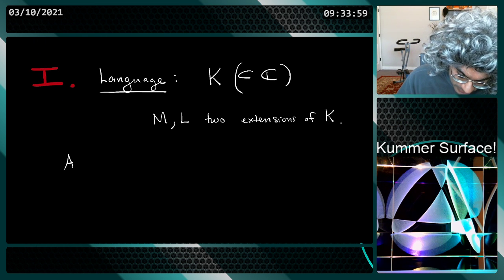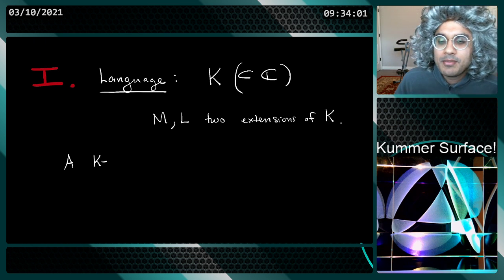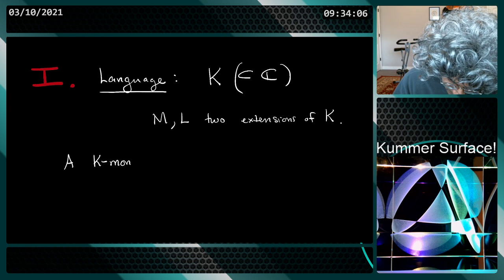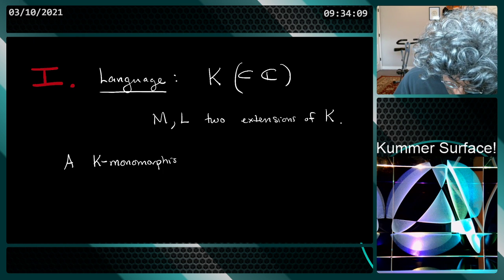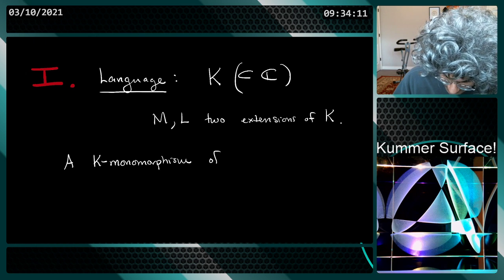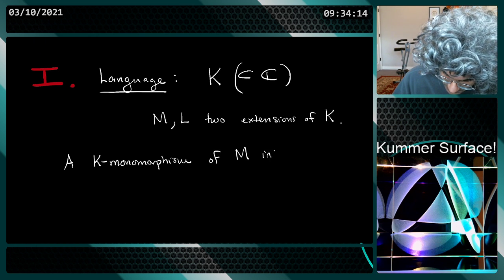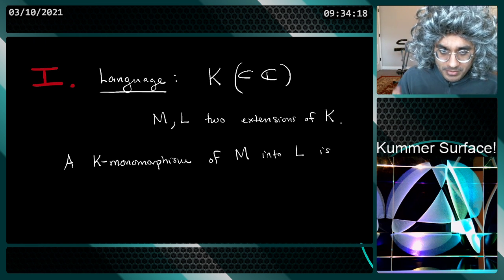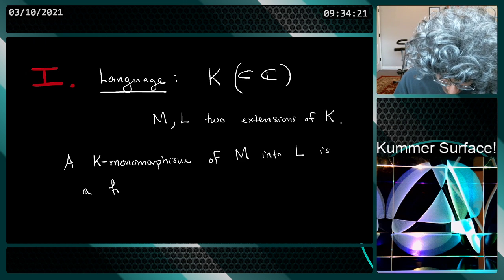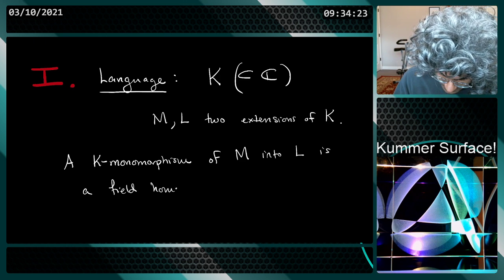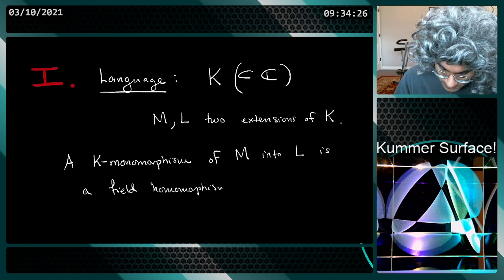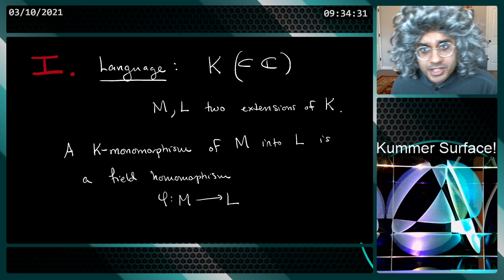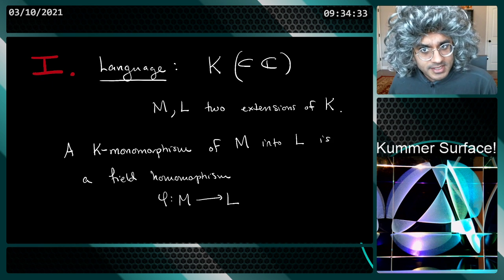A K-homomorphism or K-monomorphism, whatever, same thing, is just a homomorphism from M to L which, when restricted to K, does the identity.